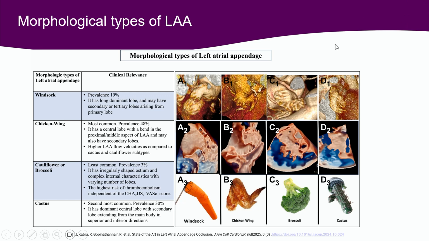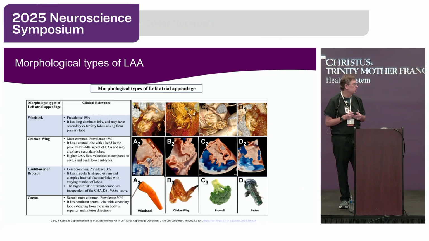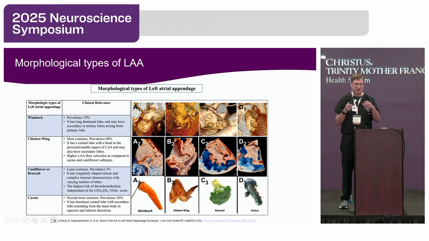The most implicated one in stroke risk is the cauliflower or broccoli, but in general, the reason I show you this slide is not to show you which one is a higher risk for stroke or not, but this is the challenge we have in trying to close these appendages: they're not just a nice little neat structure. They come with many lobes, many different angulations.